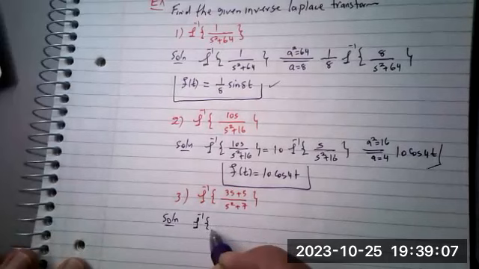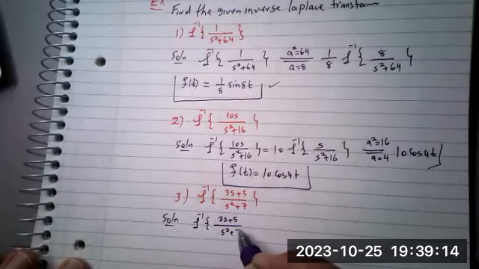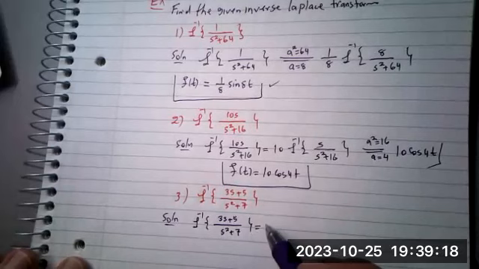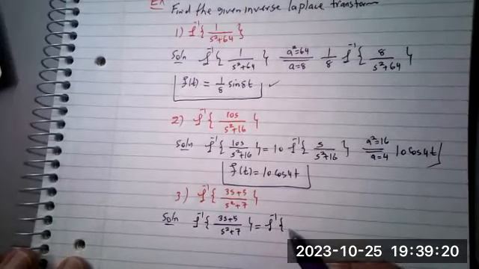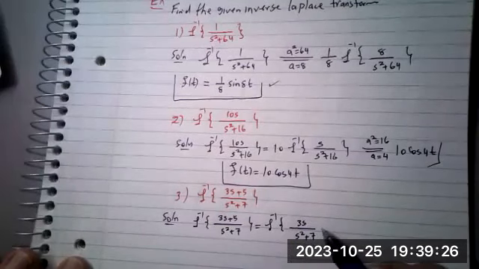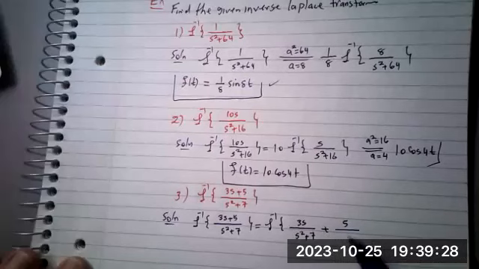Laplace inverse of 3s plus 5 over s squared plus 7 is equal to what? I just break it so that you can see it, but you can do it right away. It's 3s over s squared plus 7, like a fraction, plus 5 over s squared plus 7.